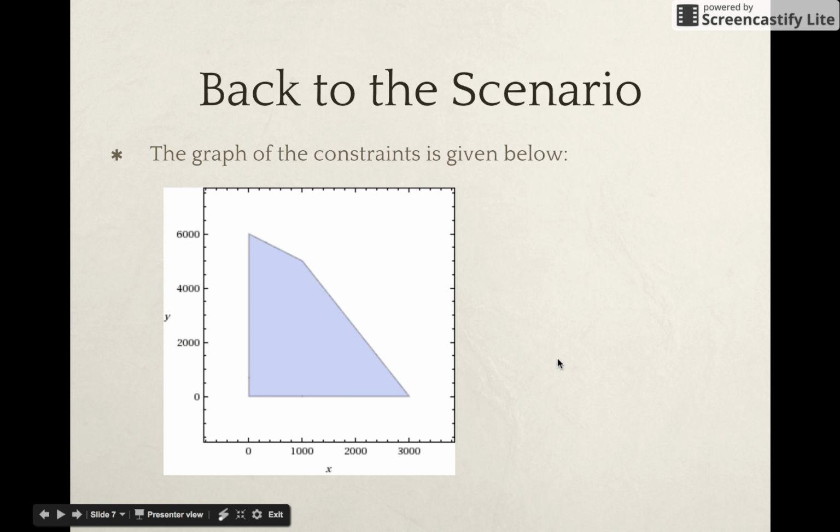Each of those vertices are potentially the values of x and y that will maximize the number of people served, and potentially the x and y that will minimize the number of people served. In part 2 of this presentation, we'll look at how we're going to find those vertices.